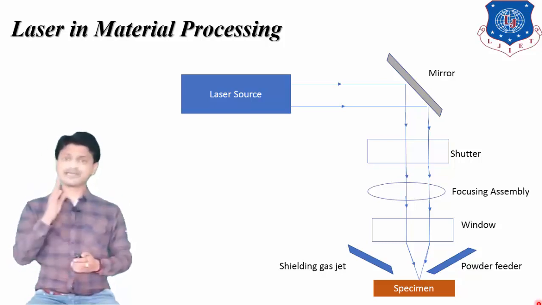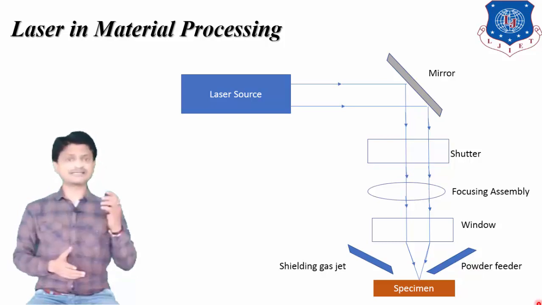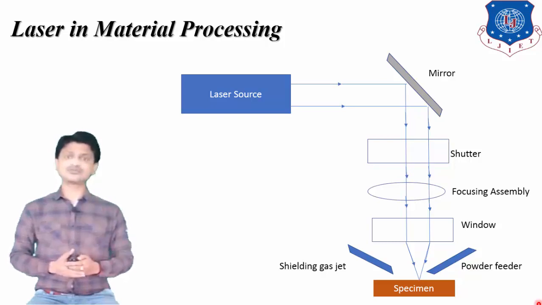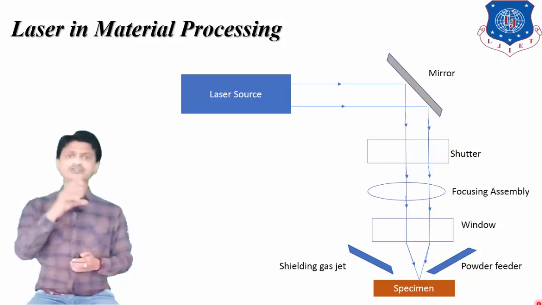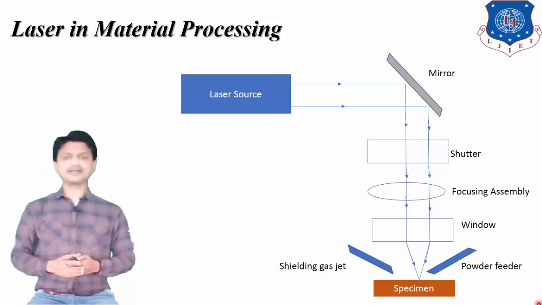When the specimen gets exposed to the laser beam, it gets heated up, giving rise to smoke and flames. It also gets melted, and by using the shielding gas jet, the smoke, fumes and molten materials are removed. But as the laser beam is continuously falling onto the specimen, the material can be drilled, cut or welded.